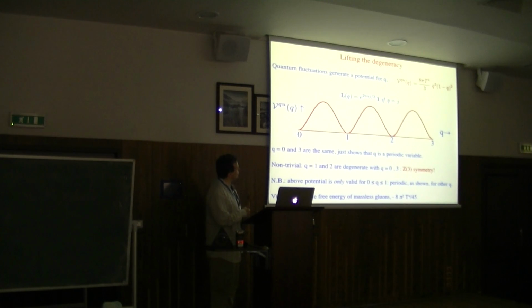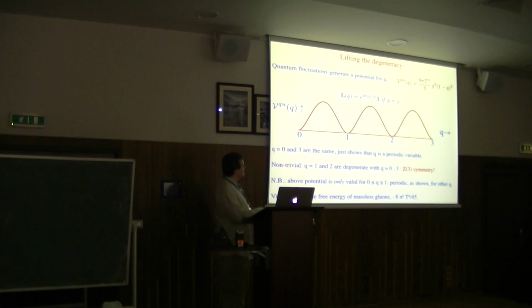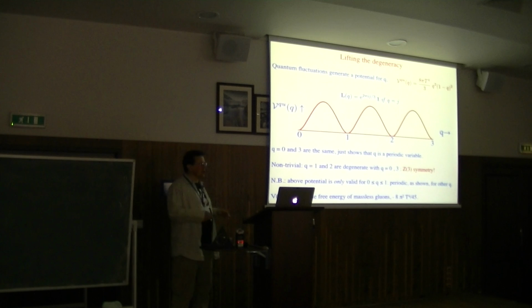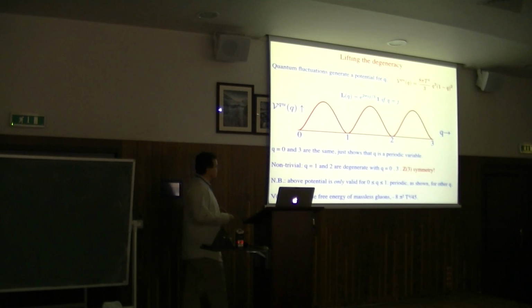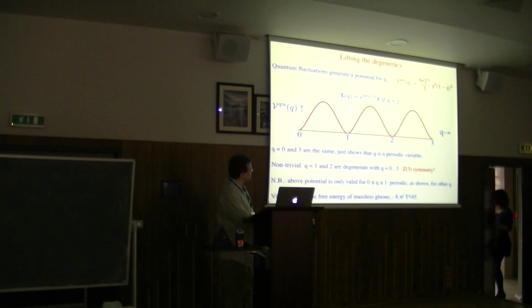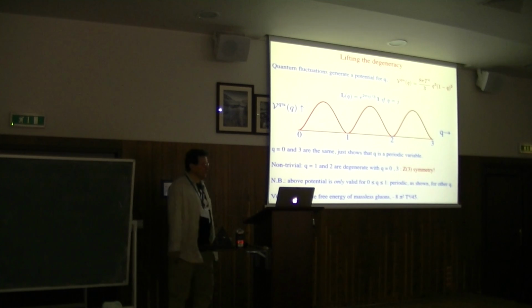Q equals 0 and 3 are the same because the Wilson line equals 1 in either case. But 1 and 2 are these non-trivial Z3 vacua, and this is the Z3 sum. I should also say that this potential is non-trivial. There's the potential for the pressure of gluons hidden in the zero of this potential, but that's not going to enter for the following case.